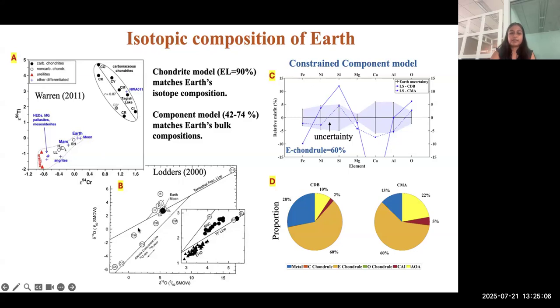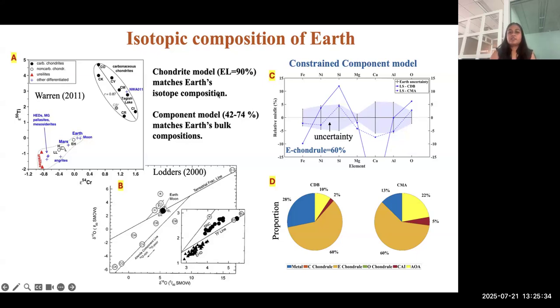Even refractory inclusions would be way over here, with values like -40 or so. Earth's isotopic composition is more like NC, non-carbonaceous, bodies. So that is a problem in our model.